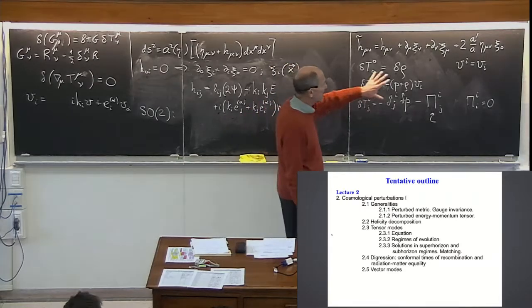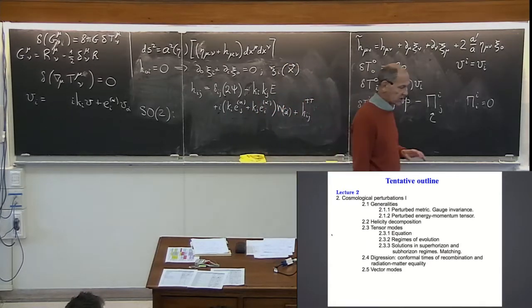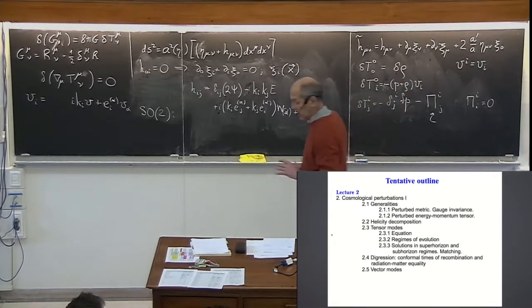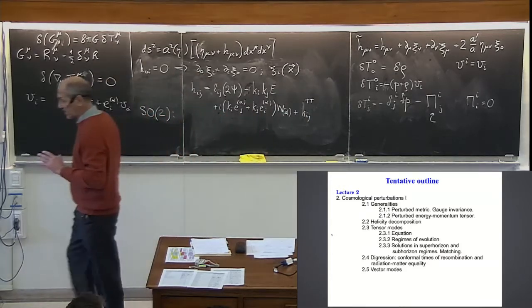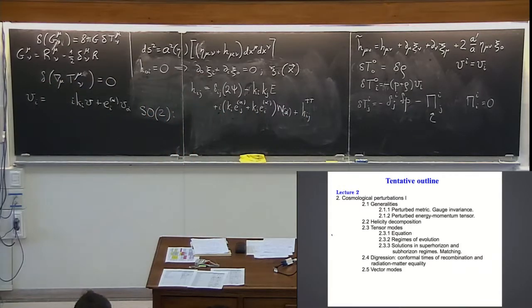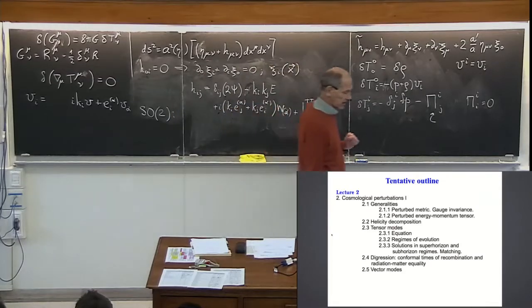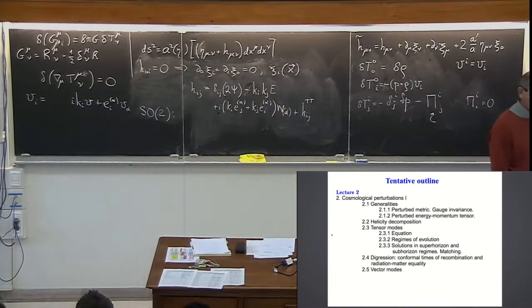So if we are in the perfect fluid approximation, then there is no interaction. Immediately you see that there is no interaction of gravitational waves or tensor perturbations with cosmic medium. They propagate without direct interactions with cosmic medium unless you have some anisotropic stress.